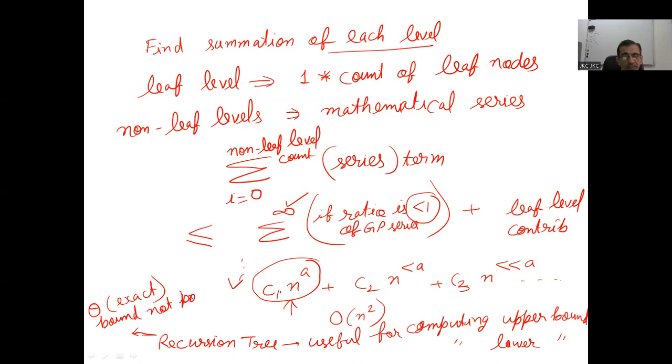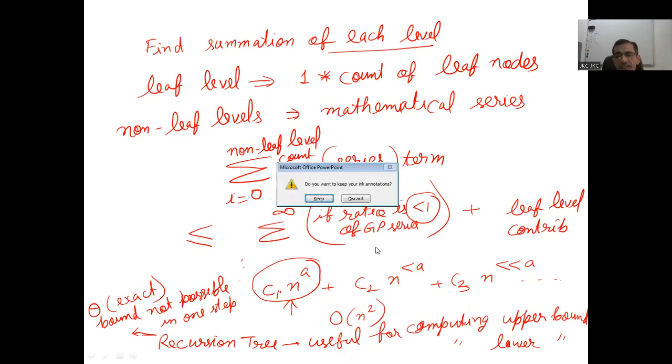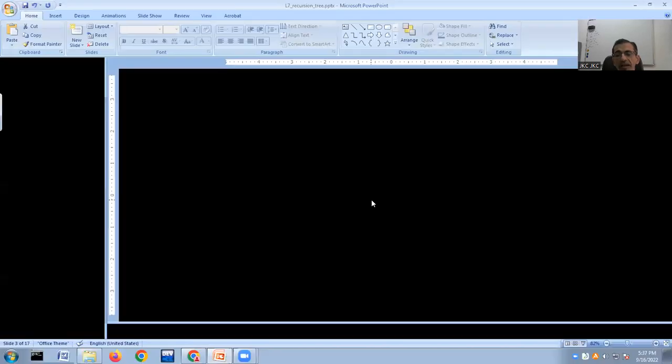So primarily it is used to find the upper bound, which is most of the time done, and otherwise you can separately calculate the lower bound and upper bound and then accordingly get the notations. With this, I think we can stop, and this will make things clear.